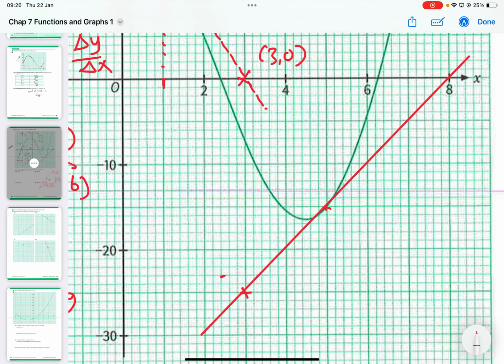Okay, take this point. I take this point. 8, 0. 3, negative 25. So I have 0 minus negative 25. I have 8 minus 3. 5. Let's see if I'm close.